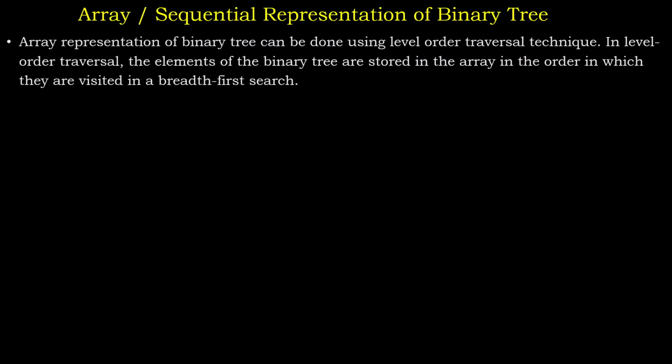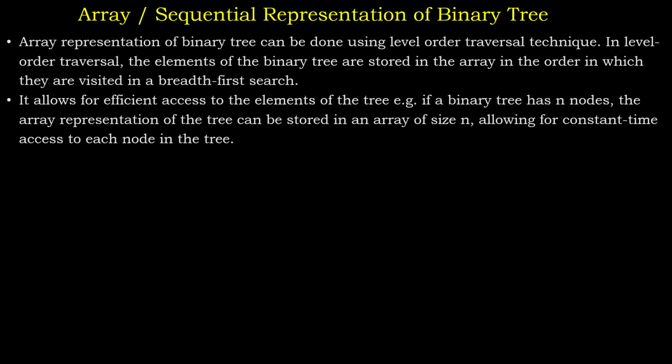Remember, breadth first search. We have two different types of search, which we will talk about. This allows efficient access to the elements of the tree. Here we can find different indices so that we can traverse easily.